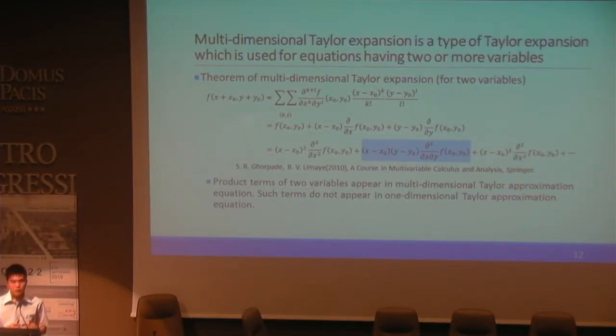Multidimensional Taylor expansion is a type of Taylor expansion which is used for equations having two or more variables. This is a theorem of multidimensional Taylor expansion for two variables. Product terms of two variables appear in multidimensional Taylor approximation equation. Such terms do not appear in one-dimensional Taylor approximation equation.